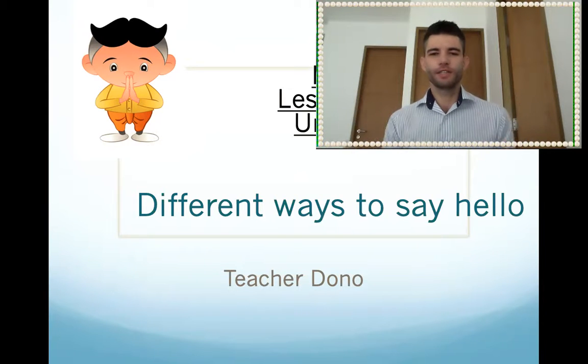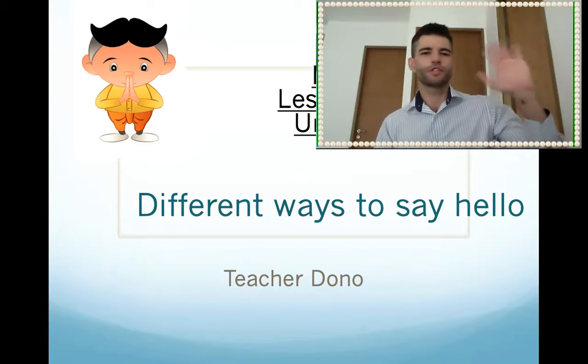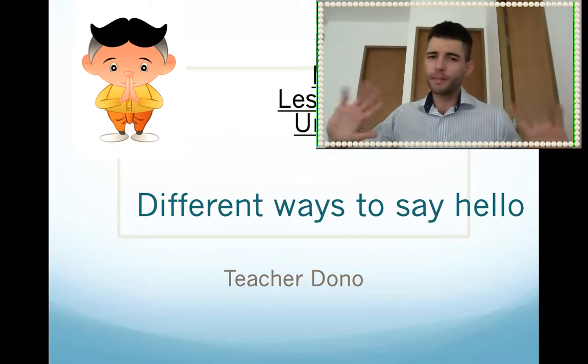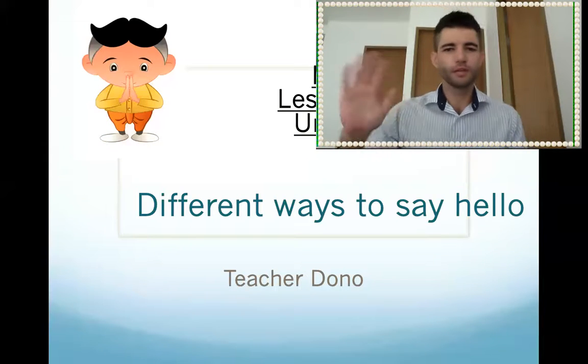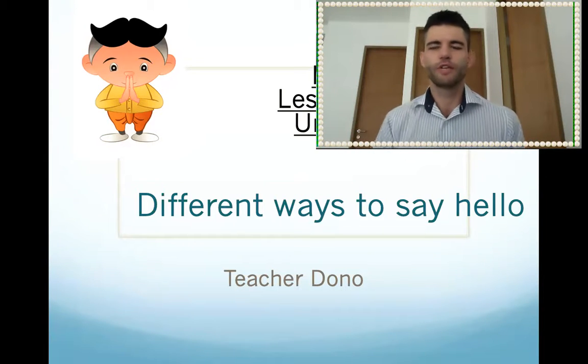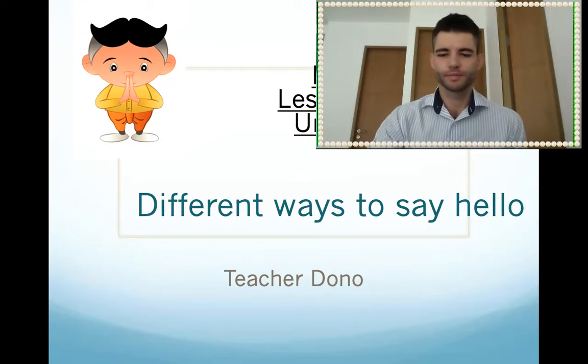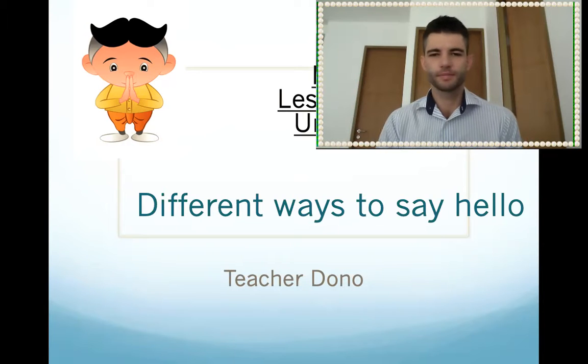So yes, in Thai, you would say sawadee krap. You can use it for saying hello, and you can also use it for saying goodbye. But in English, there are many ways that we can say hello to each other. So that is what today's lesson is about. So let's see some more information. Next.